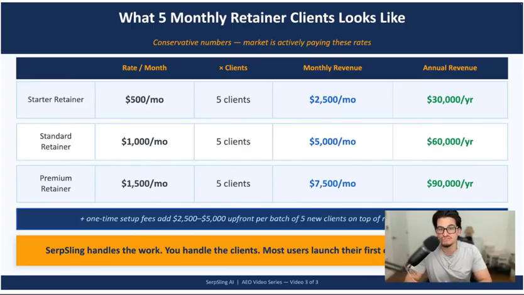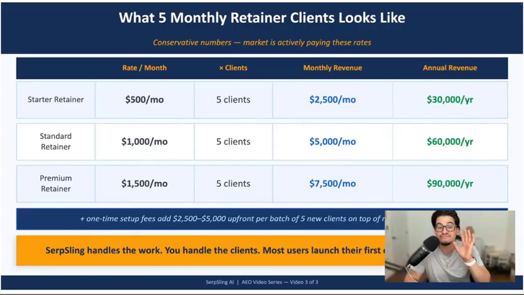These are just conservative numbers, and the market is actively paying these rates right now. A starter retainer, $500 per month, 5 clients, would give you $2,500 per month, which is an annual revenue of $30,000 per year. That's just with 5 clients at $500 a month. If you get the standard retainer, $1,000 per month, 5 clients, that's $5,000 per month, $60,000 per year.